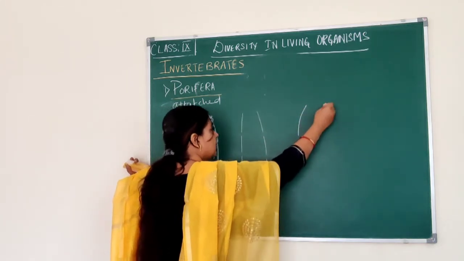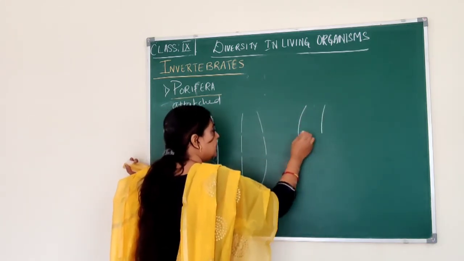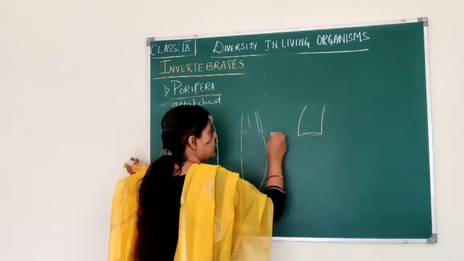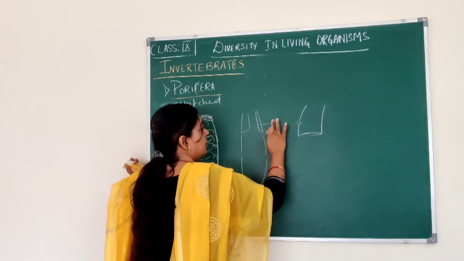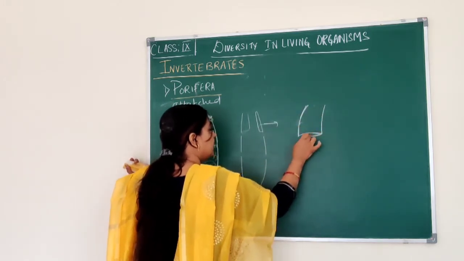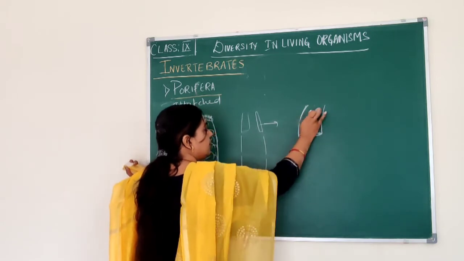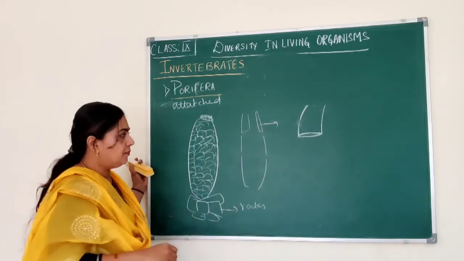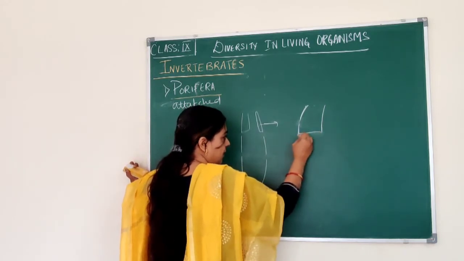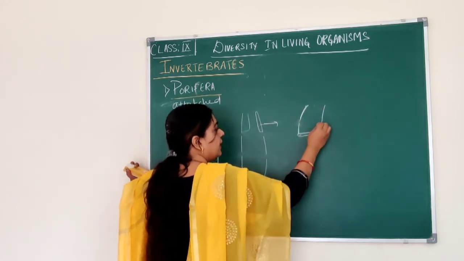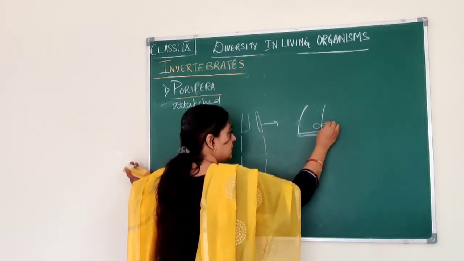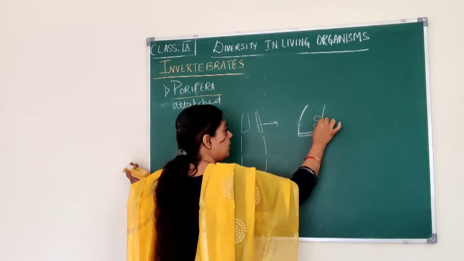This is how it will look. The cell I am drawing here is one type of cell, and this is one more type of cell.